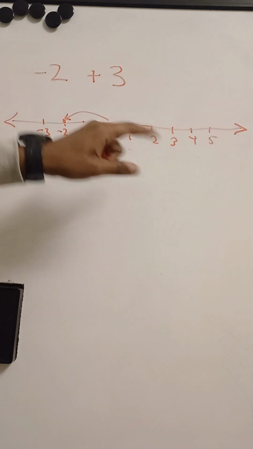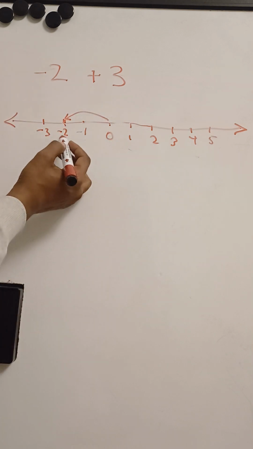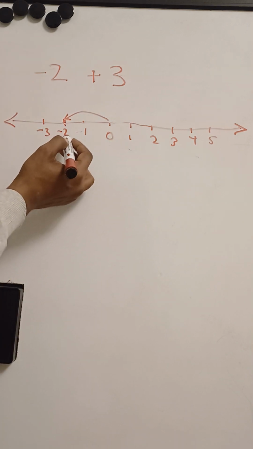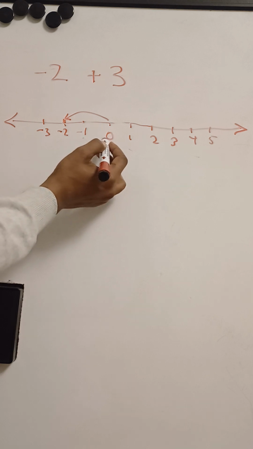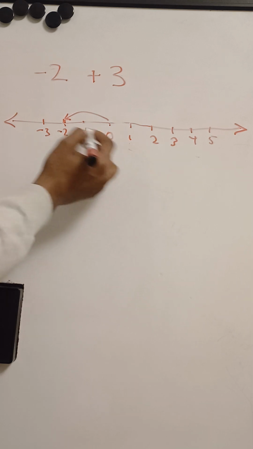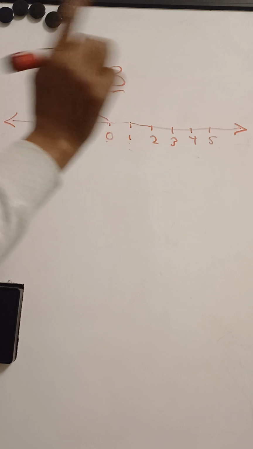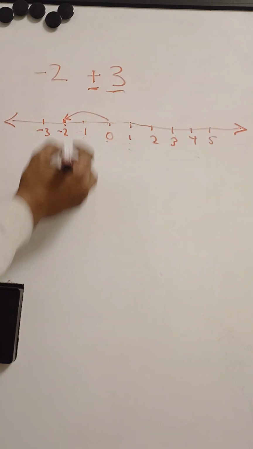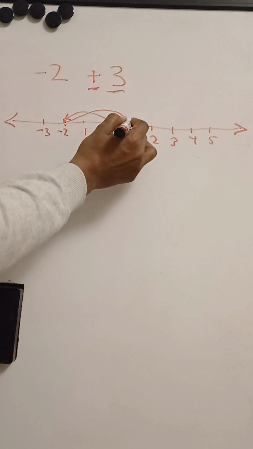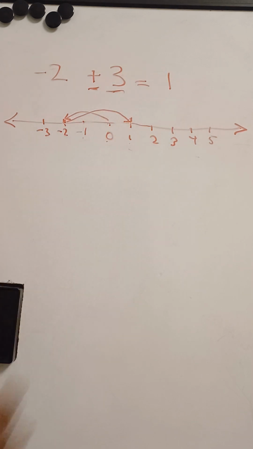To the right. How many steps? 3 steps. So that will take us from -2, -1, 0, 1. So that's 1, 2, 3 steps to which direction? To the right, because this sign is positive. So we end up with 1.